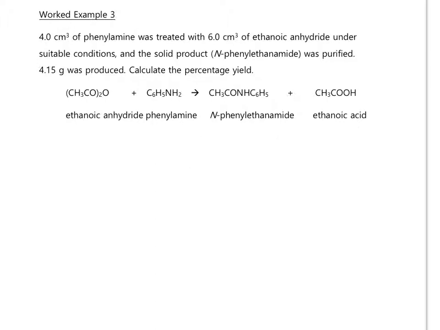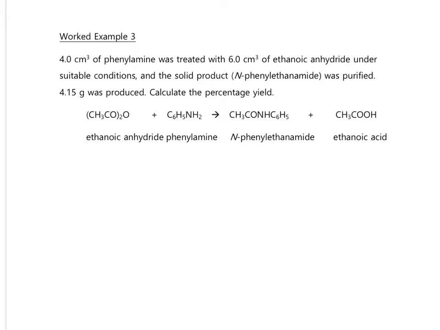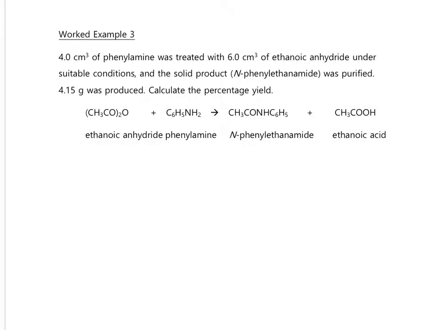So you can have a read at that question, but what hasn't been given to us are our density values, so you might want to write those in. For our phenylamine, our density, you can either write the word density or just a capital D, is 0.2 grams per centimetre cubed. And then for our ethanoic anhydride, our density value is 1.08 grams per centimetre cubed.